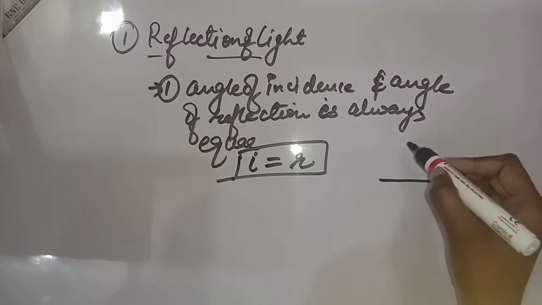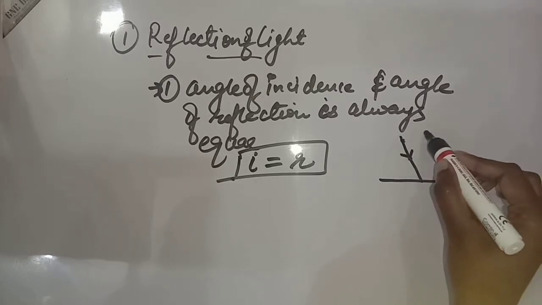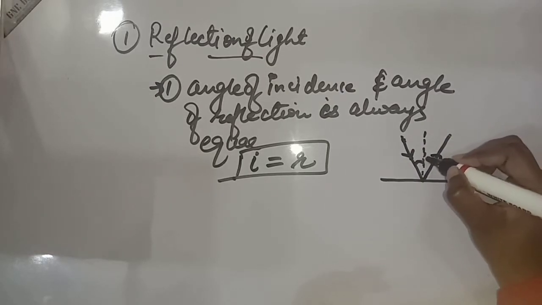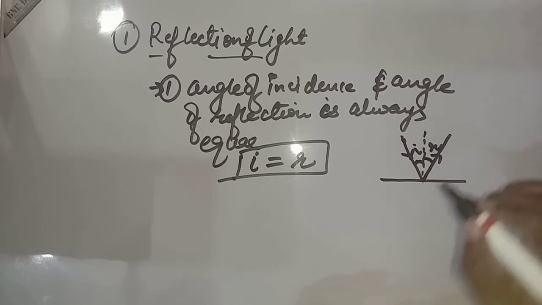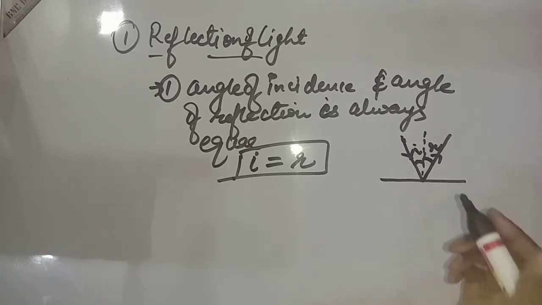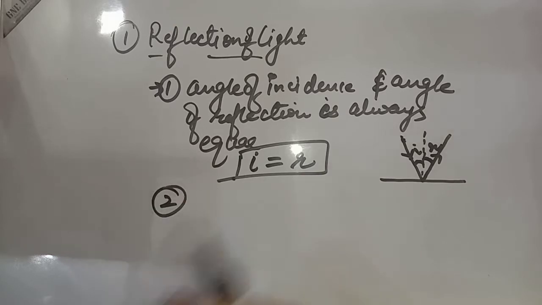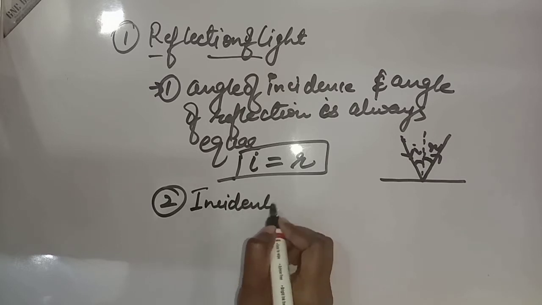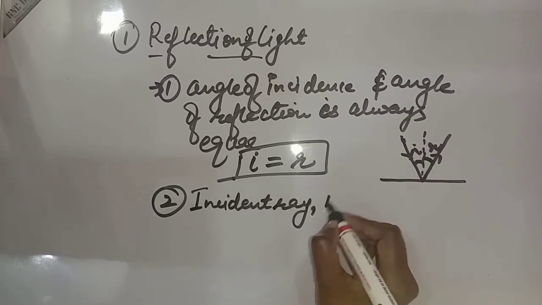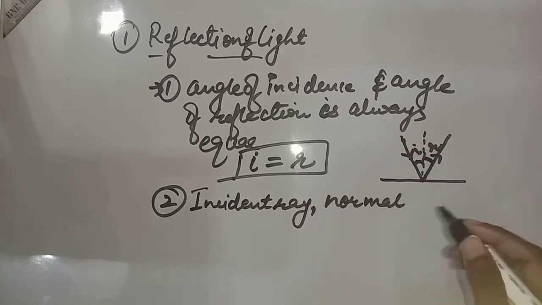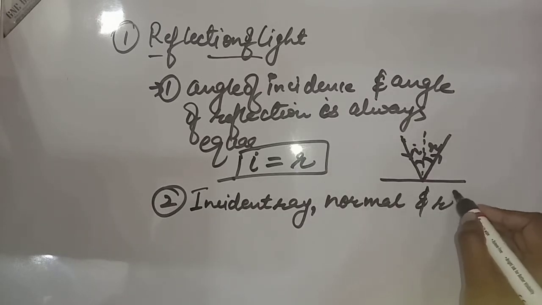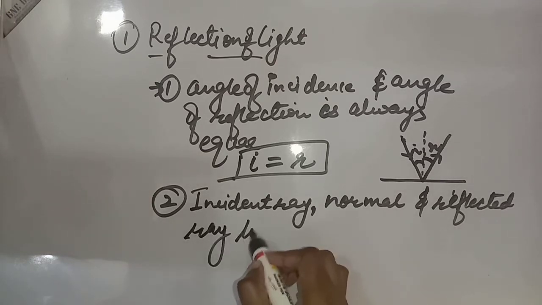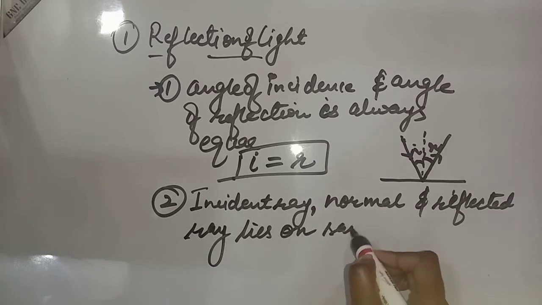If this is a surface and a ray strikes it here, then this angle will always be equal to this angle. Right? And the second law states that the incident ray, normal, and reflected ray lie on the same plane.